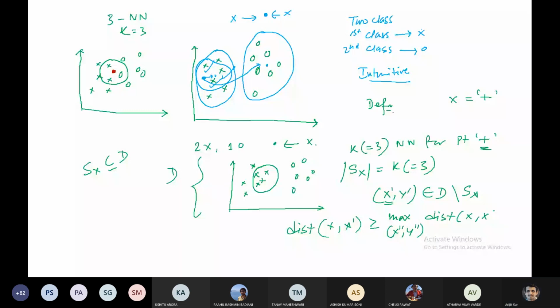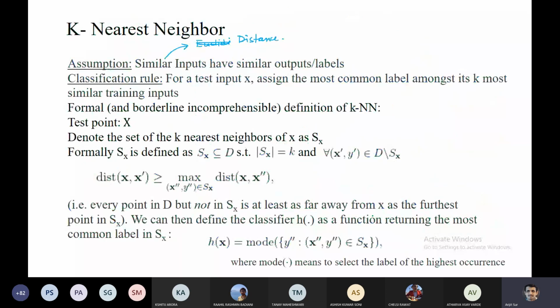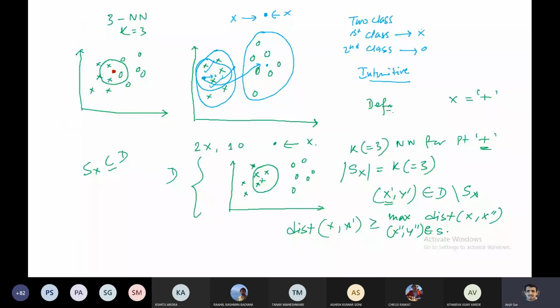What does this mean? The distance of x bar is greater than or equal to the maximum, where this x bar belongs to Sx. That means you consider this plus point and, within this circle, within the nearest neighbors, which is the furthest point from this plus. That is the maximum distance.